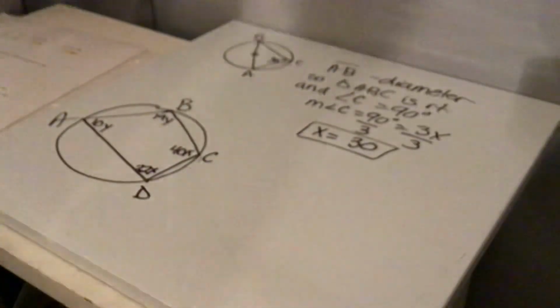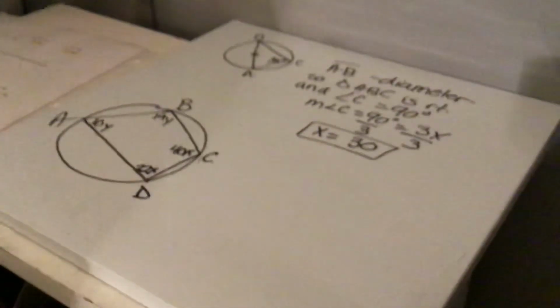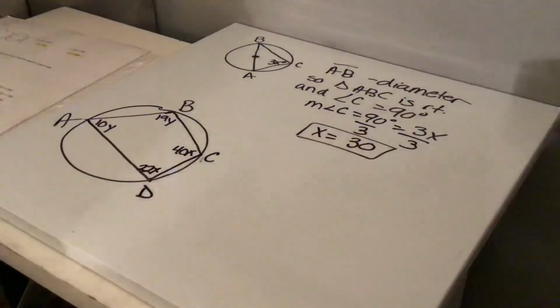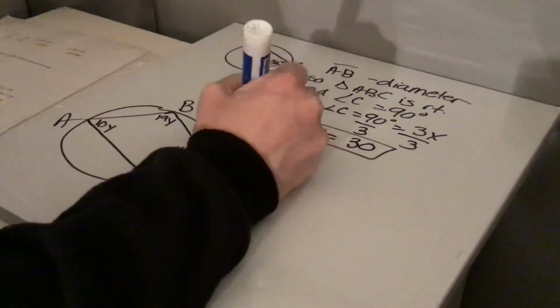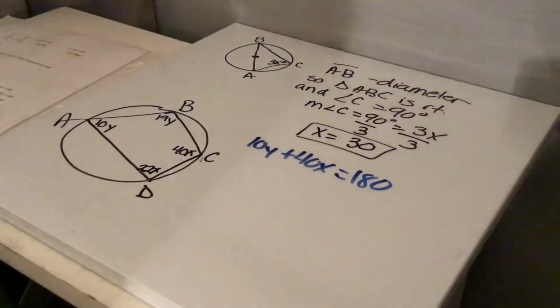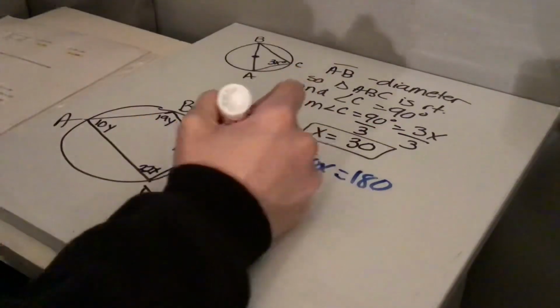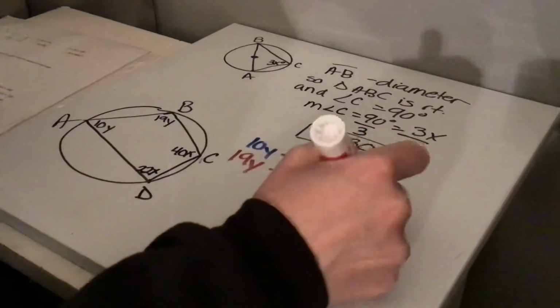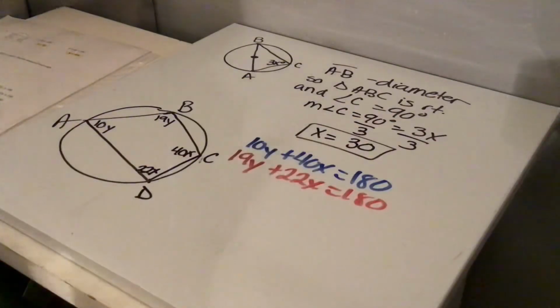We're asked to find the value for x and y. So theorem 10.11 tells us that a quadrilateral is inscribed if and only if opposite angles are supplementary. So 10y plus 40x has to be 180 because that's one pair of supplementary angles. And 19y plus 22x has to be 180.